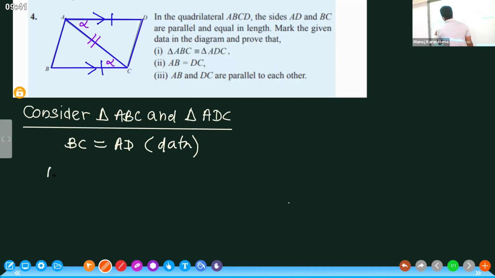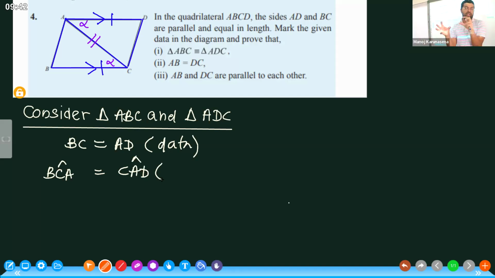Angle BCA equals angle CAD. What is the reason now? Now AD and BC are two parallel line segments. AC is a transversal. Alternate angles are forming.